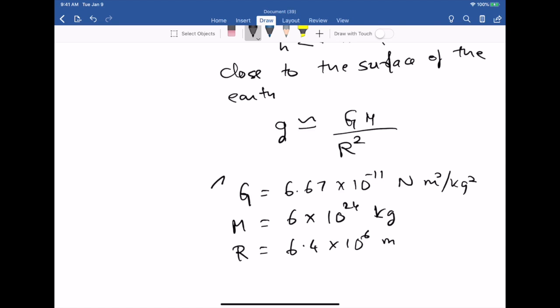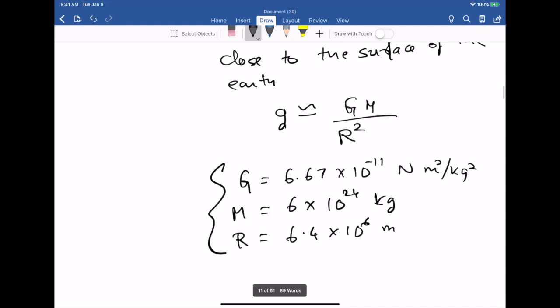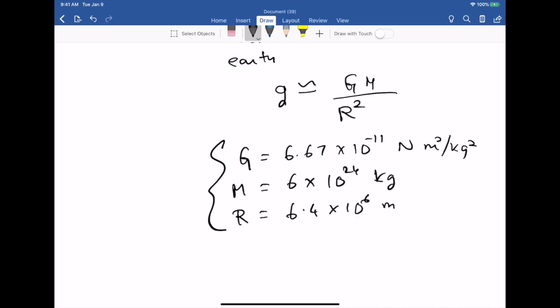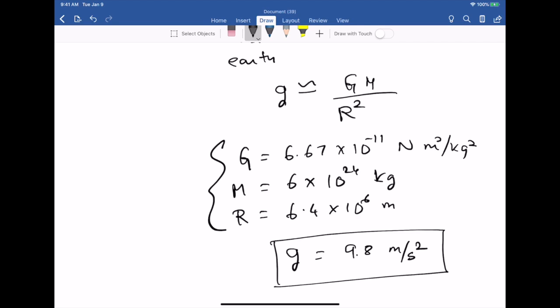If you plug these three numbers in, and you can do it yourself, what do you think you'll get? You'll get g is 9.8 meters per second square. And that is where the 9.8 meters per second square comes from.